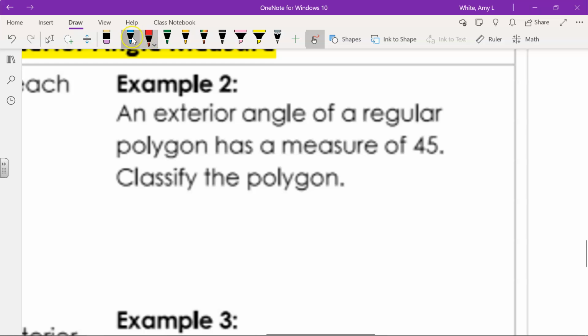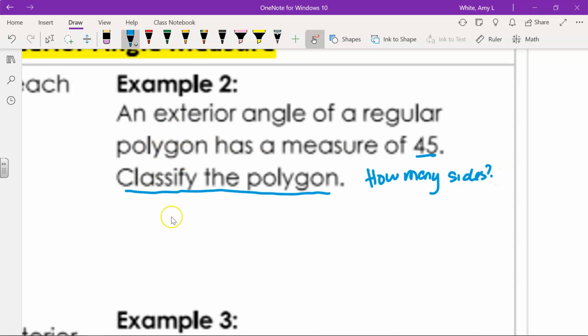In this next example, they tell us an exterior angle of a regular polygon has a measure of 45 degrees, and they want us to classify the polygon. When they say classify the polygon, they're asking us how many sides. They're asking us what type of shape it is. So I know that 45 is going to equal 360 divided by n.